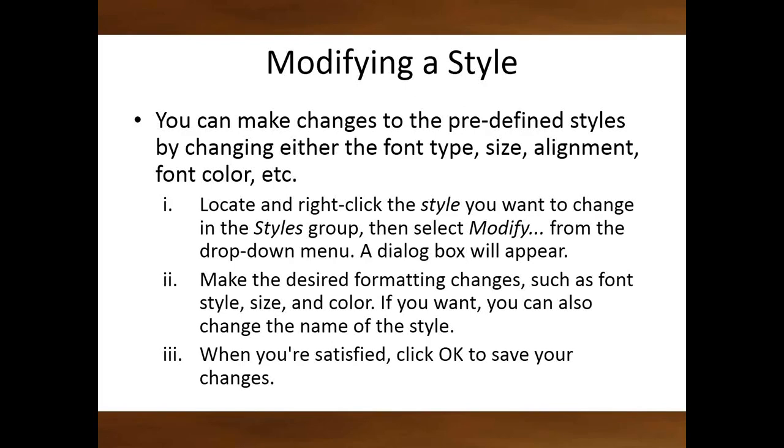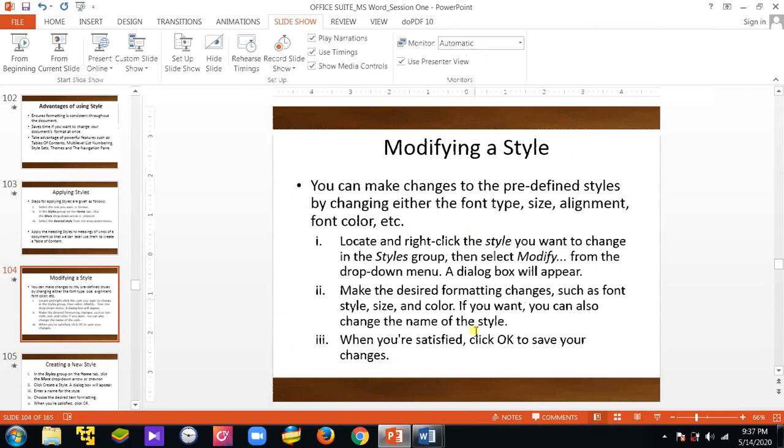If you want, you can also change the name of the style. Then lastly, when you are satisfied, click OK to save the changes. So let us look at how we do that practically.